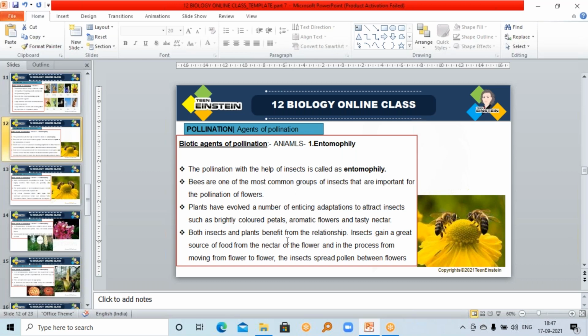So both the insect and plant are getting benefited from this relationship. Insects gain a source of food from the nectar of the flower, and in the process of nectar collection, they are moving from one flower to another flower and spreading the pollen between the flowers. Got it?